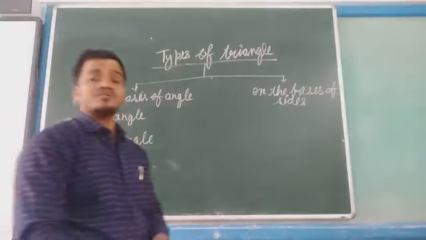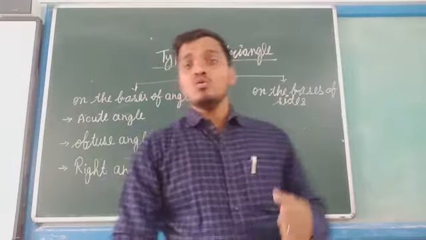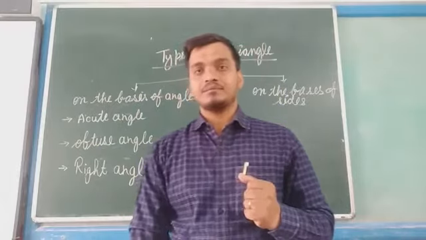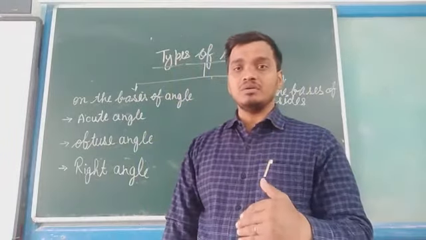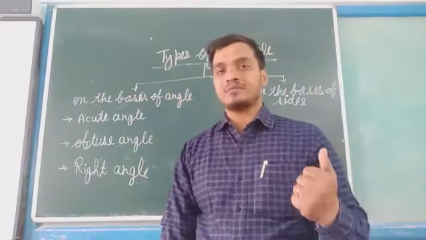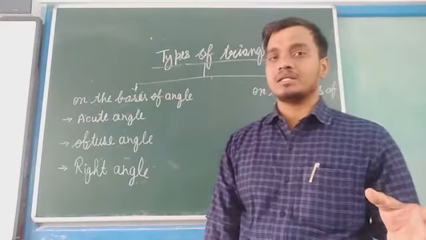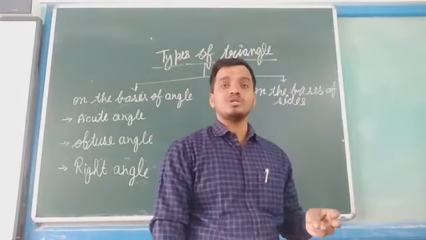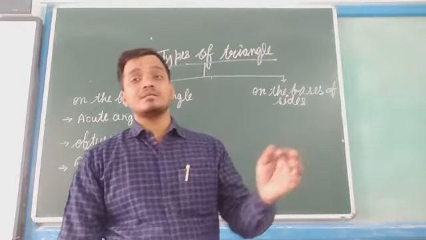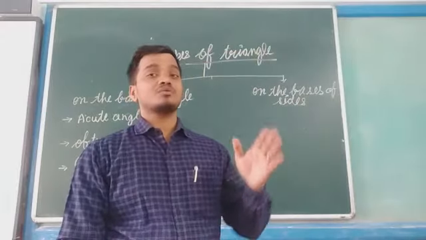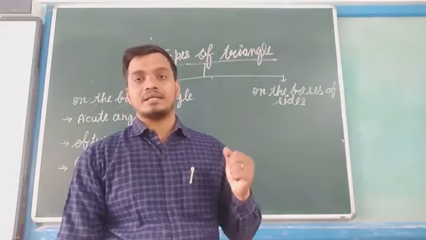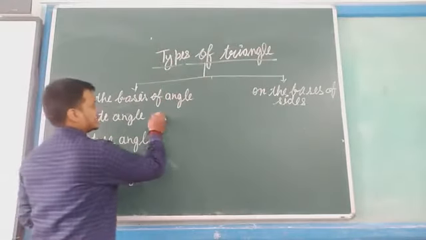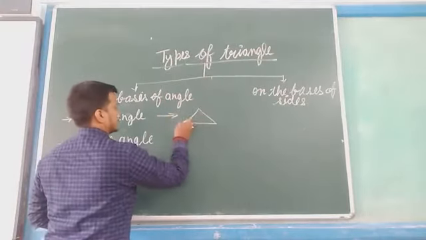A type of triangle whose angles are all less than 90 degrees, meaning it will go from 0 till 89. You know that in a triangle there are three angles. So each and every angle will be less than 90 degrees, and it is known as the acute angle triangle. We used to make this type of figure for the acute angle triangle.